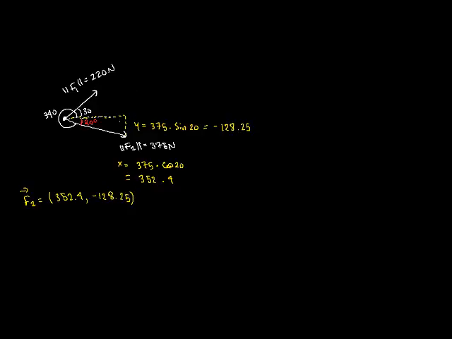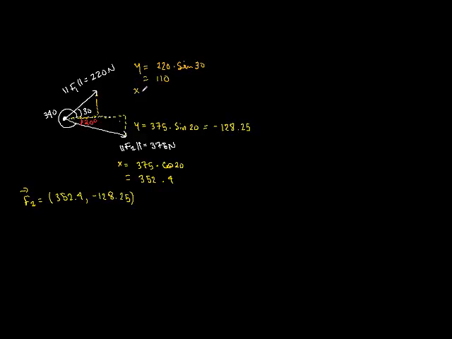Now let's take a look at the F1 vector and its components. So its y component I'll write up here. This is the y component over here, the vertical. It's equal to 220 times, opposite over hypotenuse, that's sine of 30, and that'll give us 110.